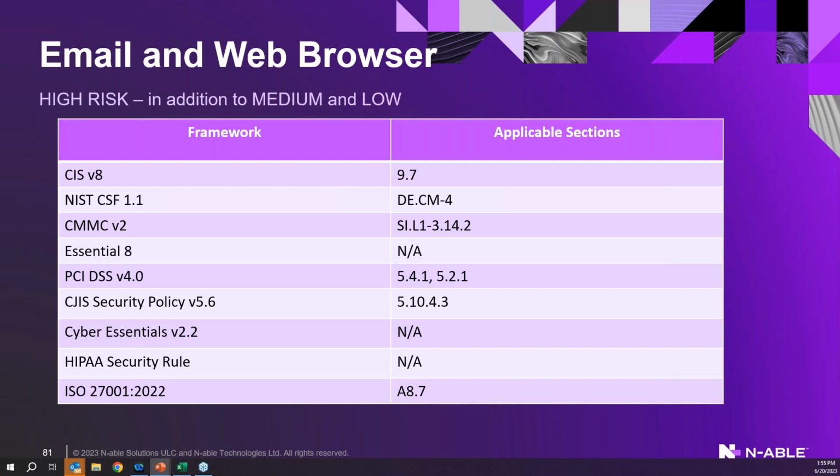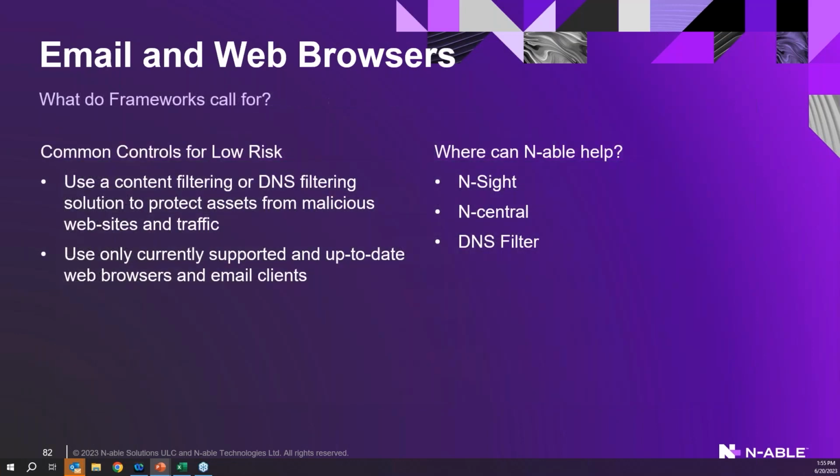And that trend is going to start continuing as we go further through the more complex security controls. So low risk around mail and email and web browsing: having a content or DNS filter in place, only using currently supported browsers and email clients.